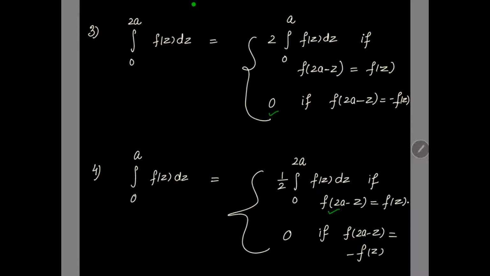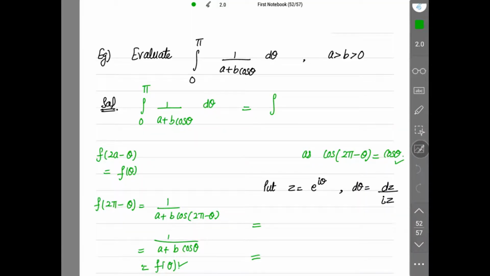But I always want my limits to be from 0 to 2 pi, so I need to divide by 2. Here the limits are from 0 to pi and I need 0 to 2 pi, so I am dividing this integral by 2, and the rest is 1 over a plus b cos theta d theta.